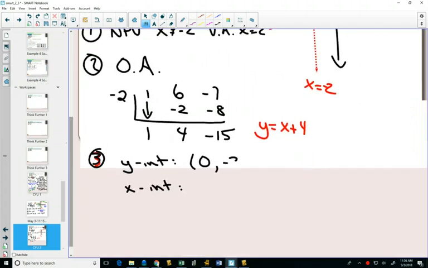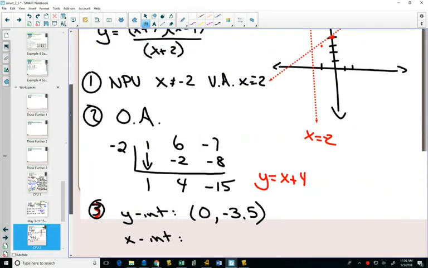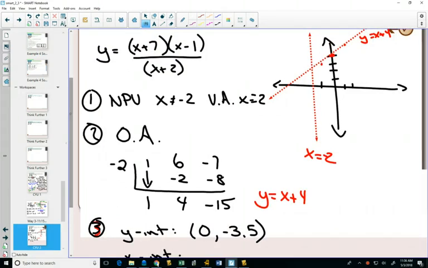So our y-intercept is 0, negative 7 over 2, or negative 3.5. I can draw that in my graph.